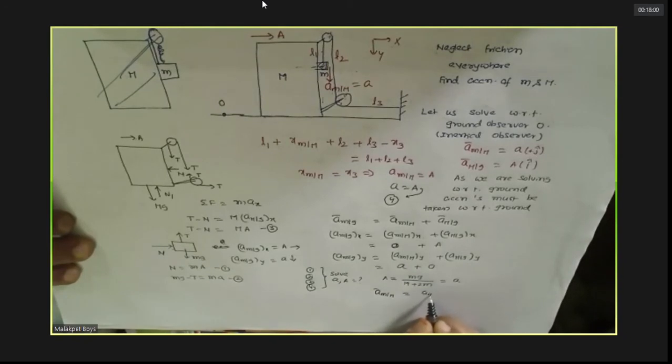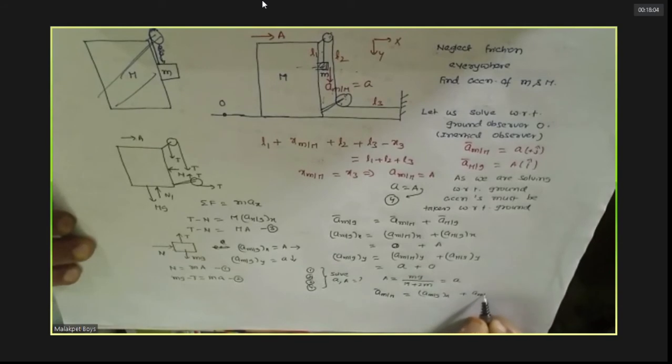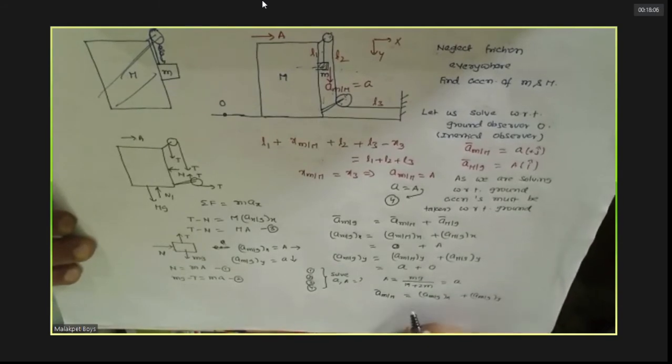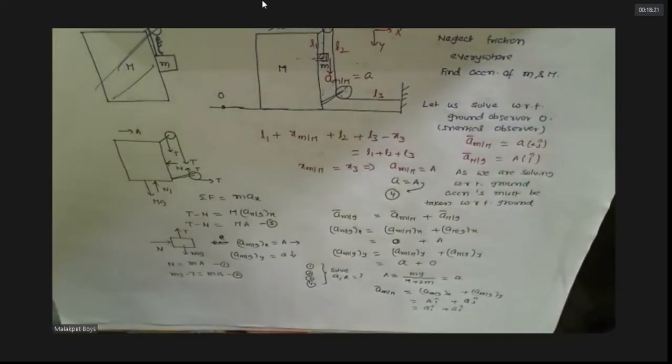It is having one along x, and it is also having one along y. That means along x it has this, and along y this, so this is ai plus aj. Do you agree with this? Yes, sir.